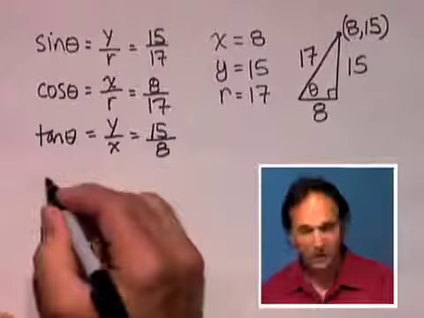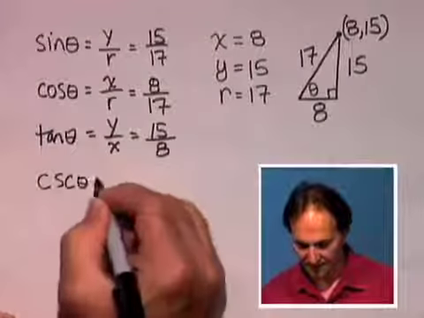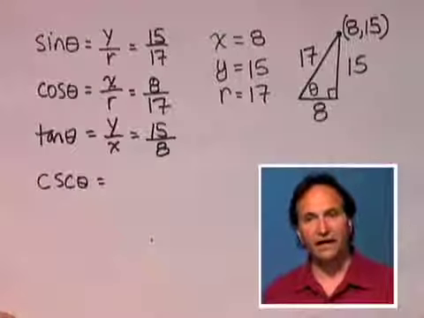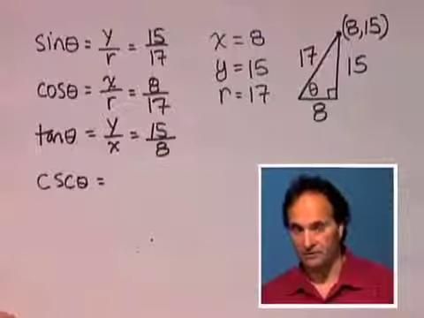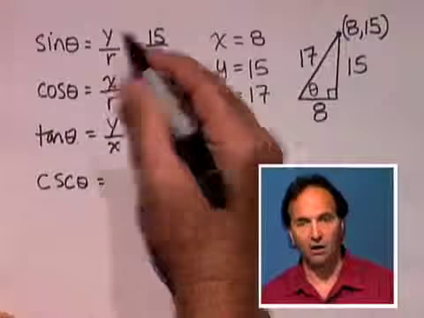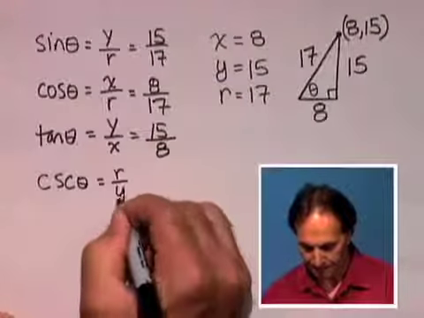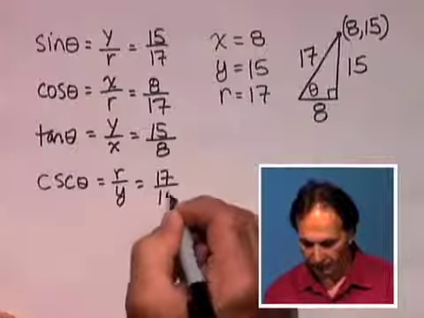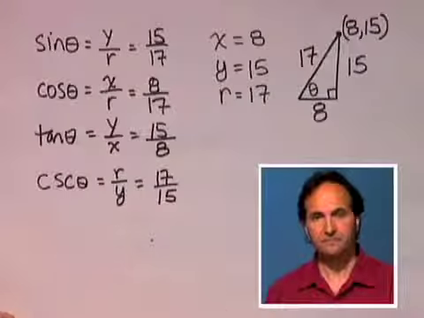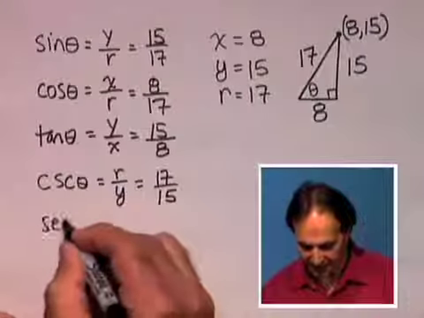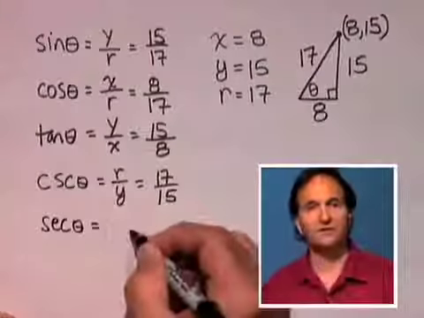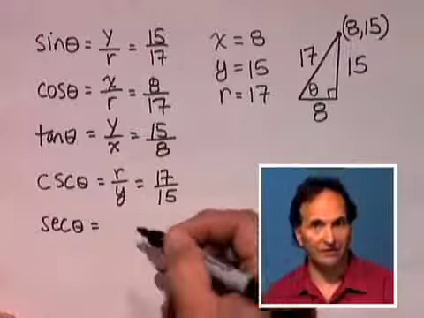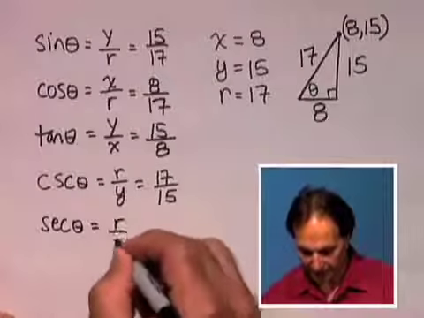Now let's look at cosecant theta. Cosecant theta is also the reciprocal of sine theta. It's r over y. And then that would be equal to 17 over 15. For secant theta, that, of course, is the reciprocal of our cosine. That's r over x.